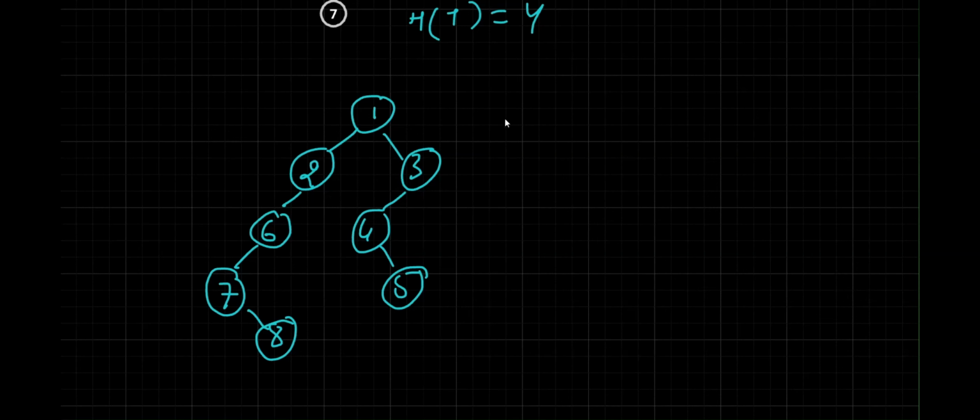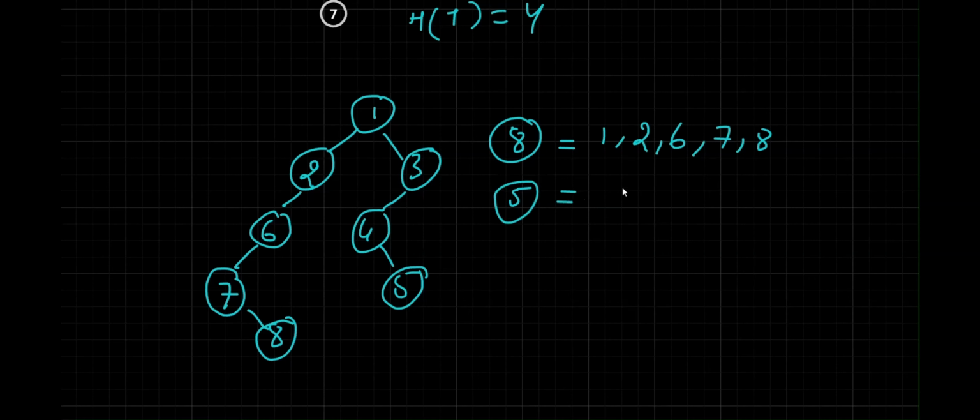Okay, so let's calculate it. We have 2 leaf nodes, that is 8 and 5. I will start with 8. To reach 8: 1, 2, 6, 7 and 8. Now for node 5, we start from 1, the root node, then 3, 4, 5. This is the path to reach node 5.